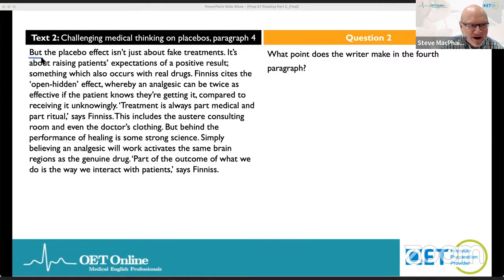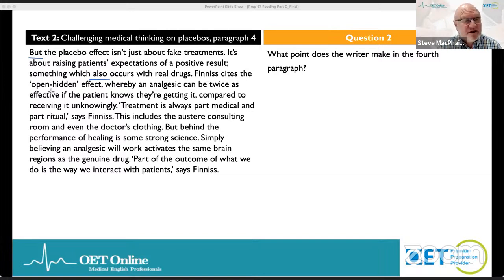And we're starting with 'but'. But the placebo effect isn't just about fake treatments. It's about raising patients' expectations of a positive result. Something which also occurs, watch out for these words, something which also occurs with real drugs. So that's saying placebos and real drugs have something in common.